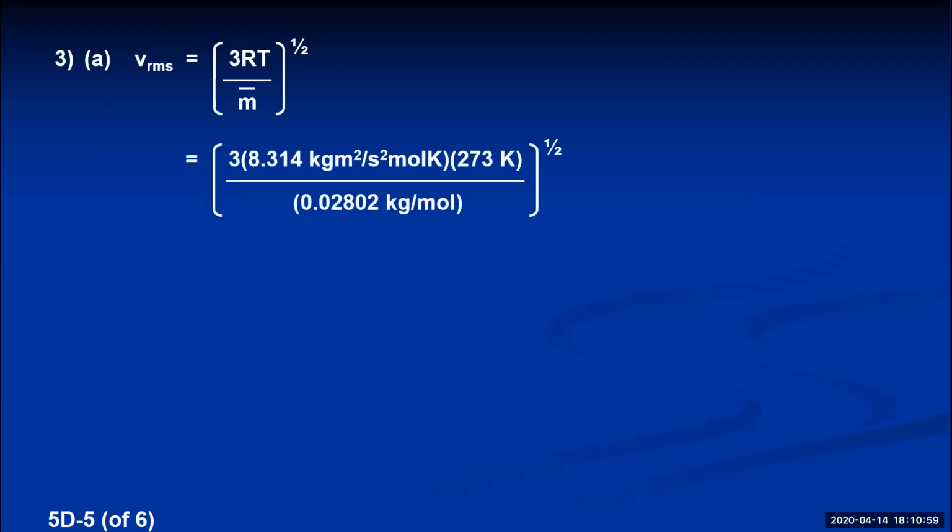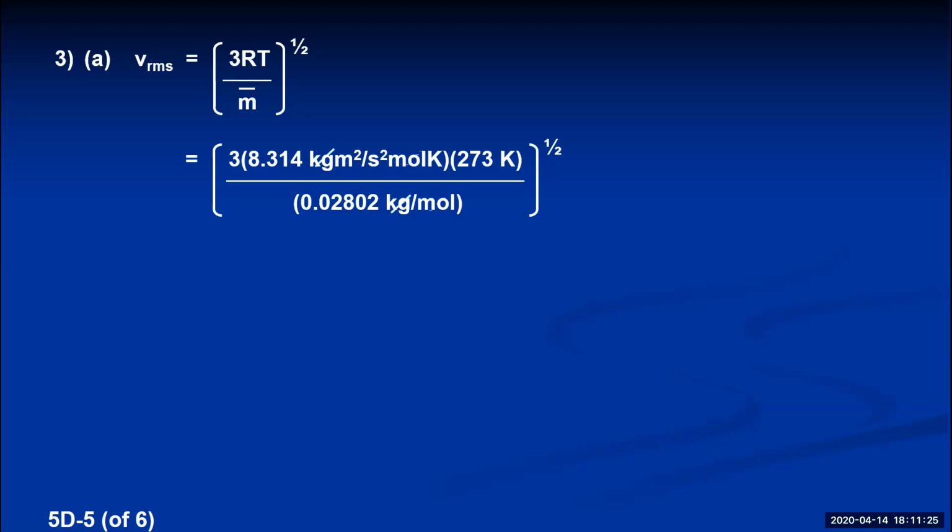So in the numerator, it's 3 multiplied by 8.314 kilogram meter squared per second squared mole Kelvin, multiplied by the temperature they required, 273, and we have to divide by the molar mass of diatomic nitrogen, but it can't be 28.02 grams per mole, otherwise the units wouldn't cancel out. So I had to divide that by 1,000 to make it kilograms per mole, and that comes out 0.02802 kilograms per mole.